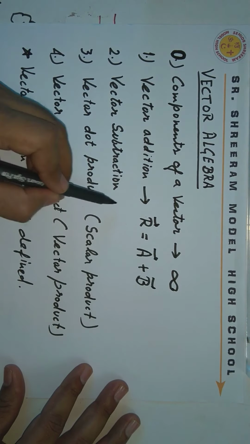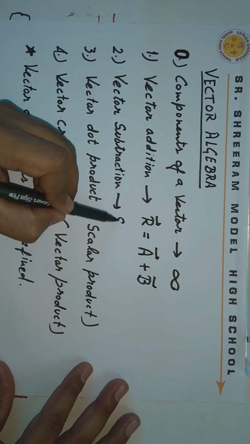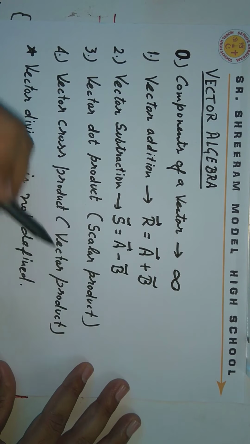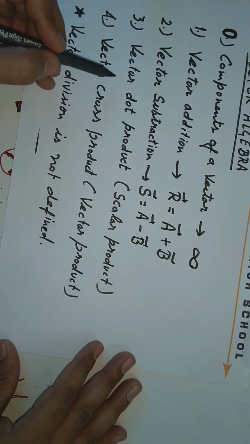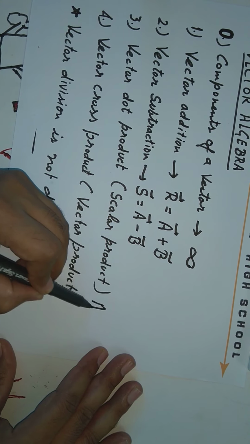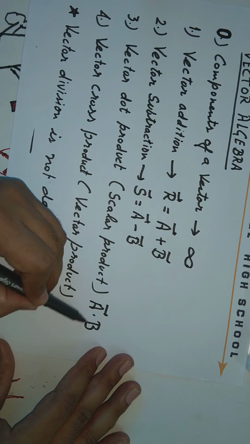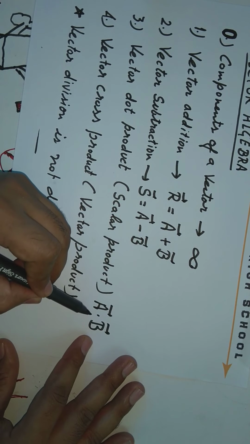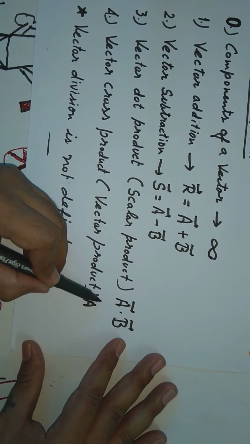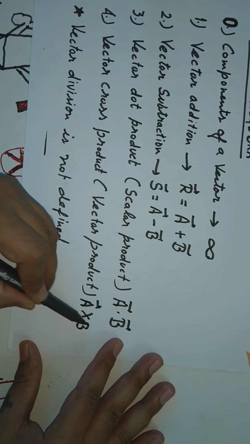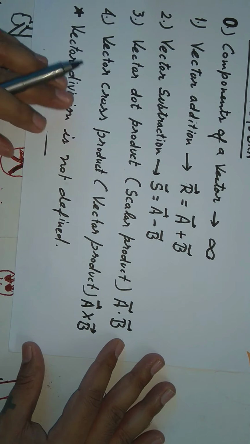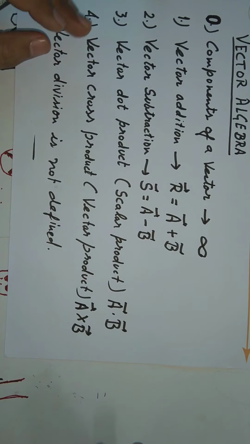Then vector subtraction, how to subtract a vector from another vector. Then the vector dot product, which is the product between two vectors, also known as the scalar product. And fourth, the vector cross product, also known as the vector product. Vector division is not defined. We cannot divide a vector by a vector.